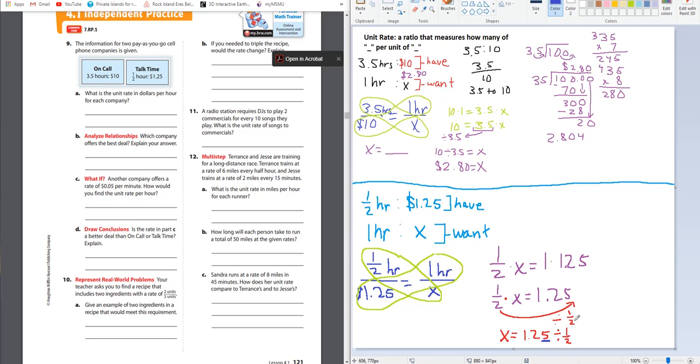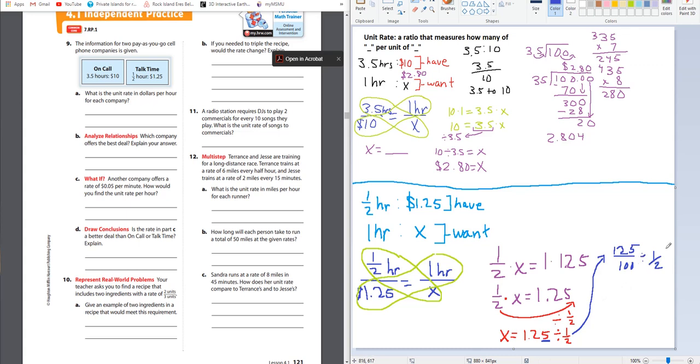So I'm going to put this over 100. So this is 125 over 100 divided by 1/2. Just to go over that again, you take the smallest place value of your decimal and put the whole number over that place value.